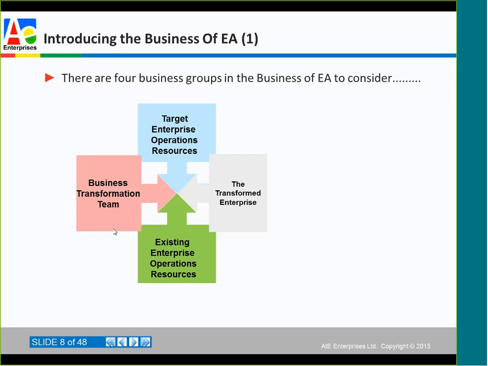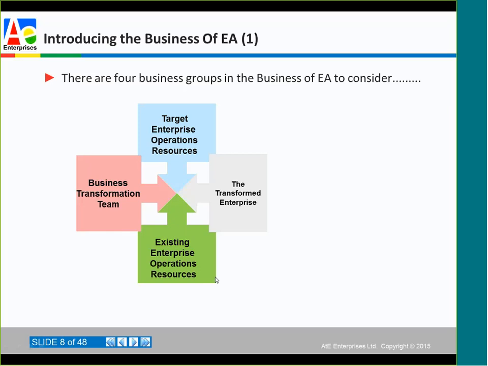Then there are two other areas that we'll start to touch on. One is what we call the existing enterprise operations resources. These are the guys doing the job in that area now. They have a lot of knowledge about the enterprise architecture, or the virtual enterprise architecture, I perhaps should say, of the enterprise.